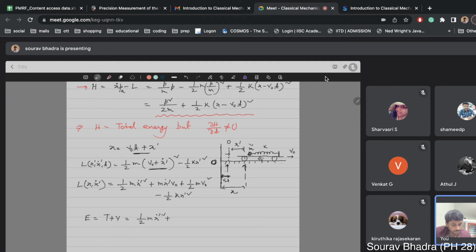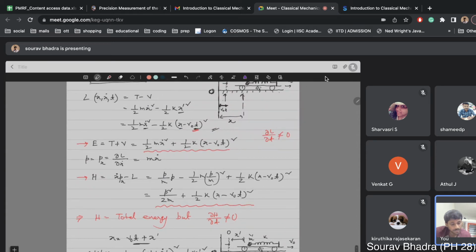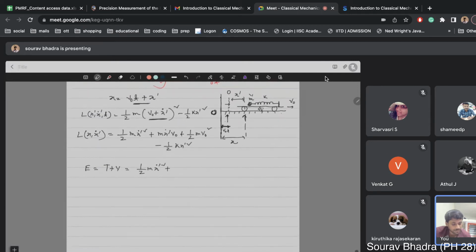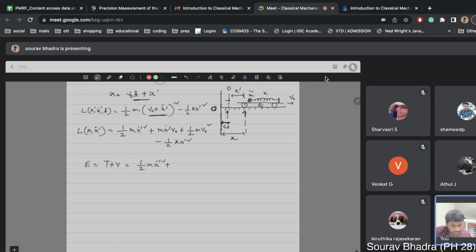If you write the x dot in terms of x dash dot, just replace x dot by x dash dot, as we have done here, you will get half m x dash dot square plus m x dash dot v0 plus half m v0 square plus half k x dash square. It is the total energy in the x dash coordinate, not in the x coordinate.